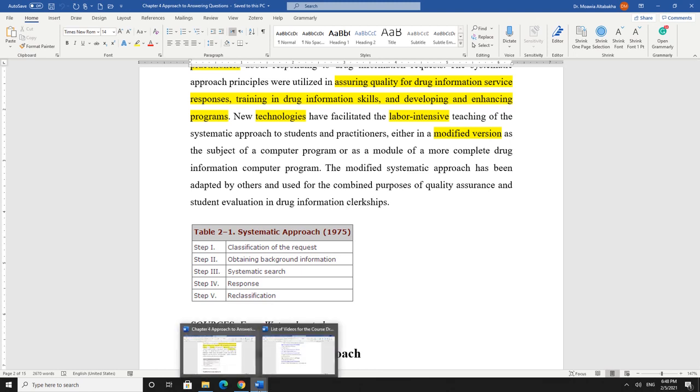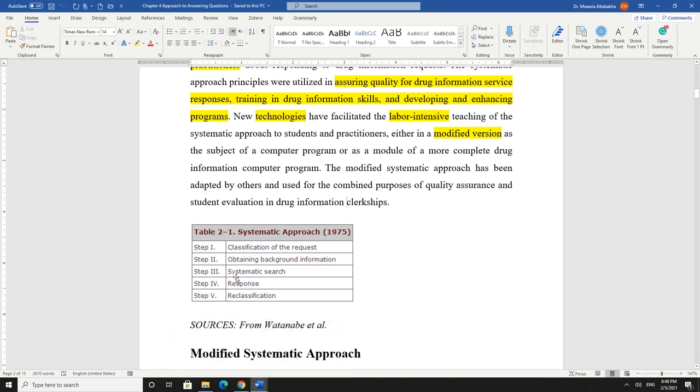So at the same time, from your search you'll have additional information which will allow you to answer additional questions and maybe reclassify the type of question that was answered. Reclassification is an opportunity to reclassify after you get the information.